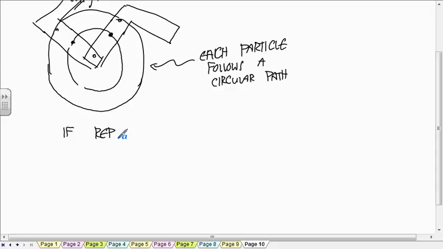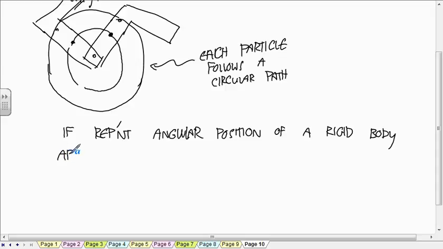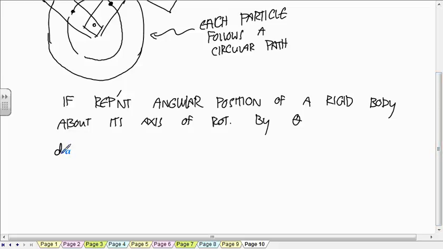If you represent the angular position of a rigid body about its axis of rotation by the value theta, then d theta dt is equal to omega, and d omega dt is equal to alpha.